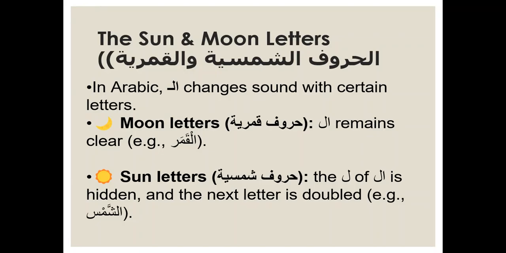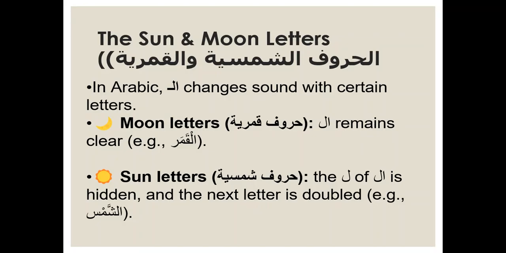We pronounce it clearly. Then for the huruf shamsiyya, the sun letters, whenever you add alif and lam to any of the sun letters, the lam there will be hidden. We will not pronounce the lam, we will only pronounce the alif. And then the next letter is doubled, which means it will take shadda. Let's say, for example, ash-shamsu.